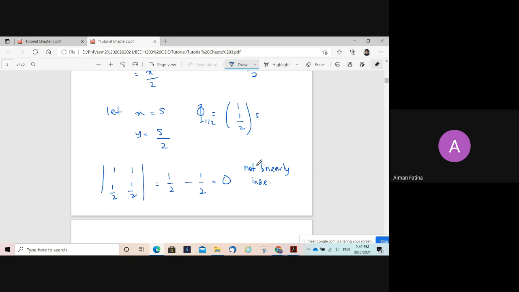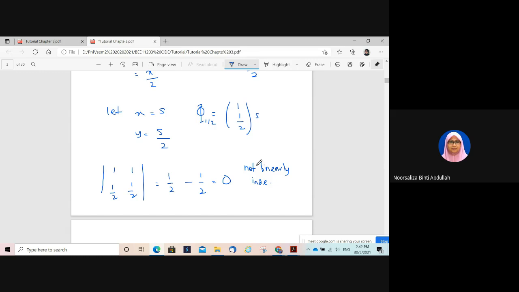You have to find E. Remember there are steps, step by step. If this system is not linearly independent, then you have to find E.